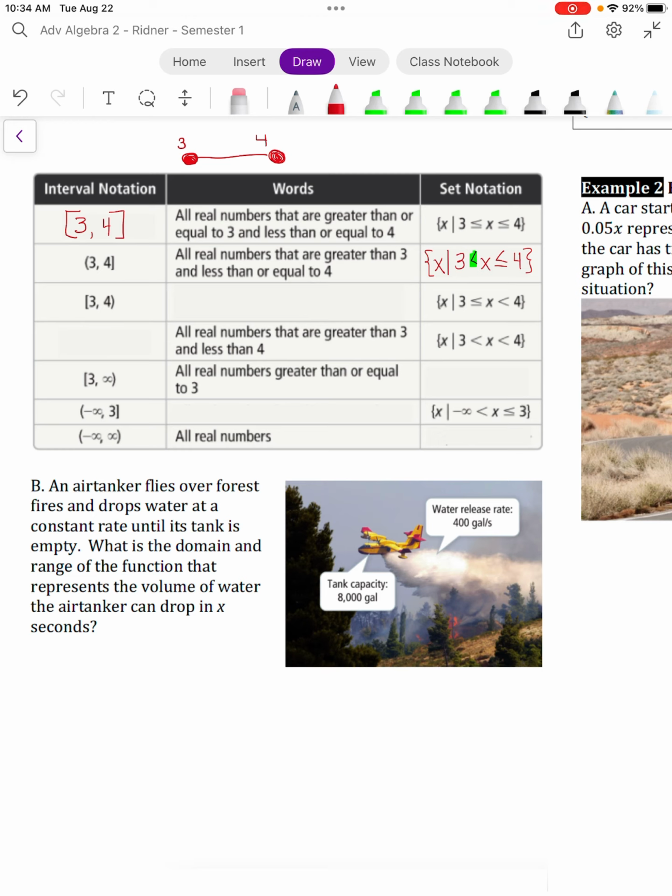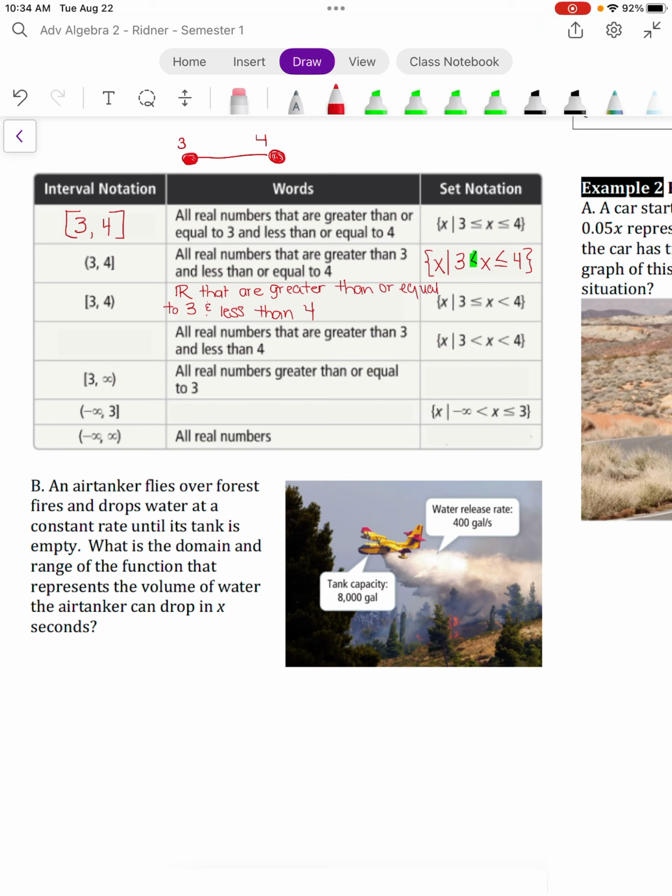For the next one, all real numbers, I don't have enough space, so I'm going to shorten it. That are greater than or equal to 3 and less than 4.